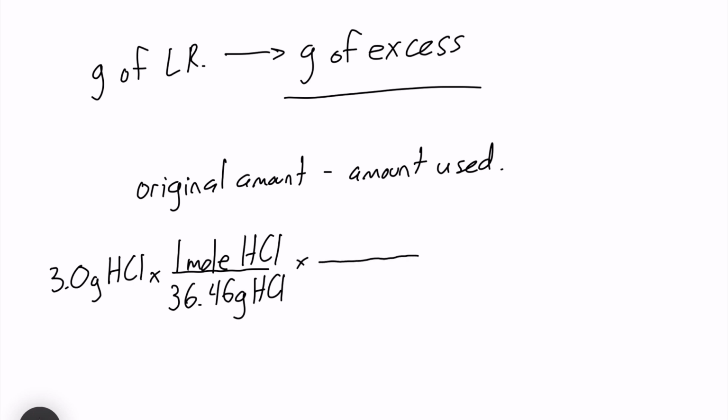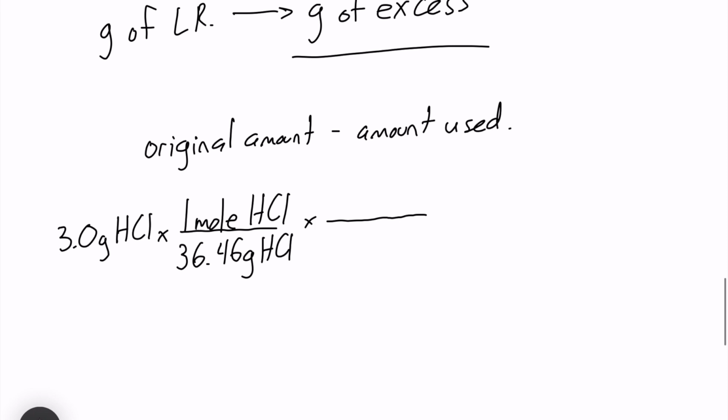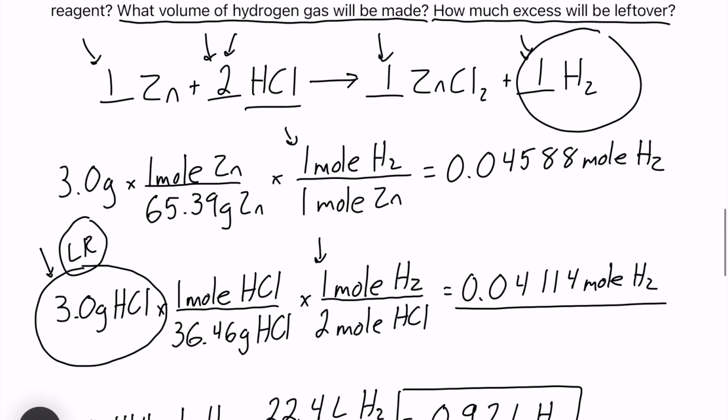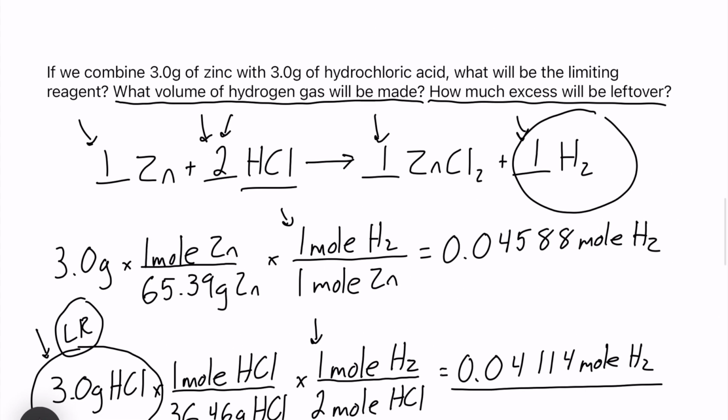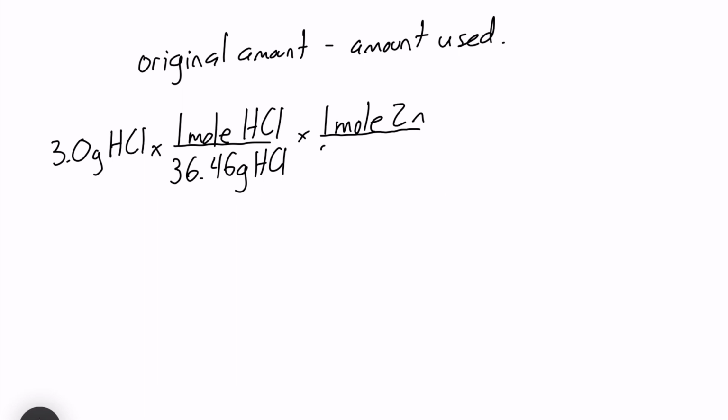Now we want to get to moles of excess, which was our zinc. So we have 1 mole of zinc, and remember from our balanced equation, 1 mole of zinc and 2 moles of HCl. So our 2 moles of HCl will be on the bottom.